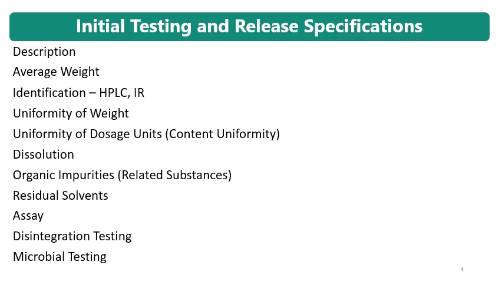Disintegration testing is performed. Then microbial testing. For oral solids, the microbial testing involves the testing for yeast and molds and specific organisms like E. coli. So this is for the initial testing and batch release.